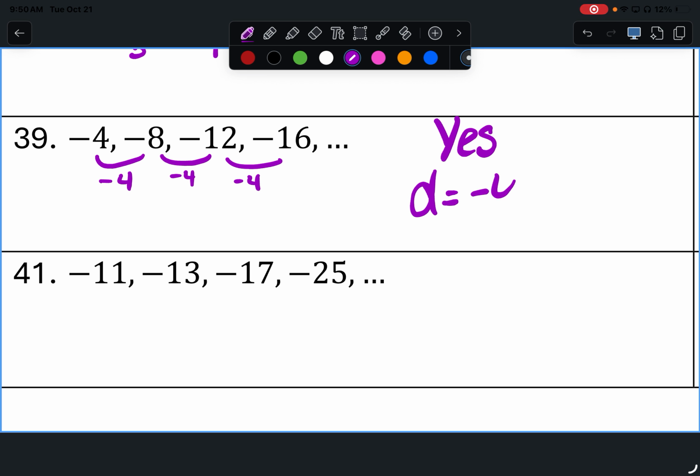All right, for 41, what is the difference between -11 and -13? -2. From -13 and -17? -17 and -25? Is that arithmetic? No, because it does not have a common difference.